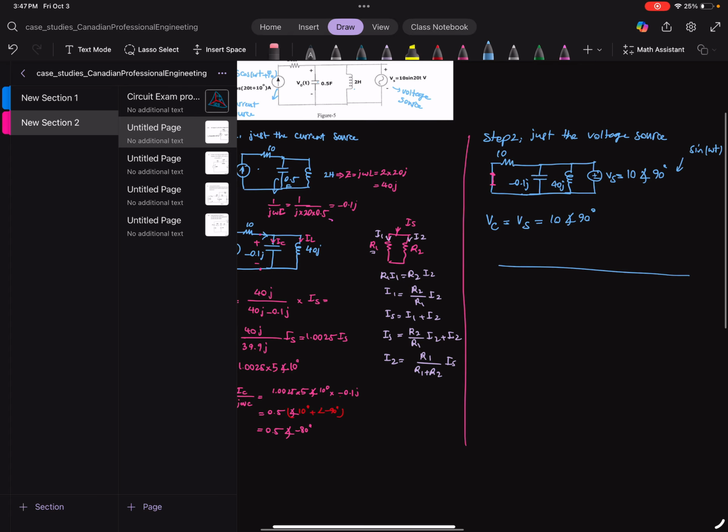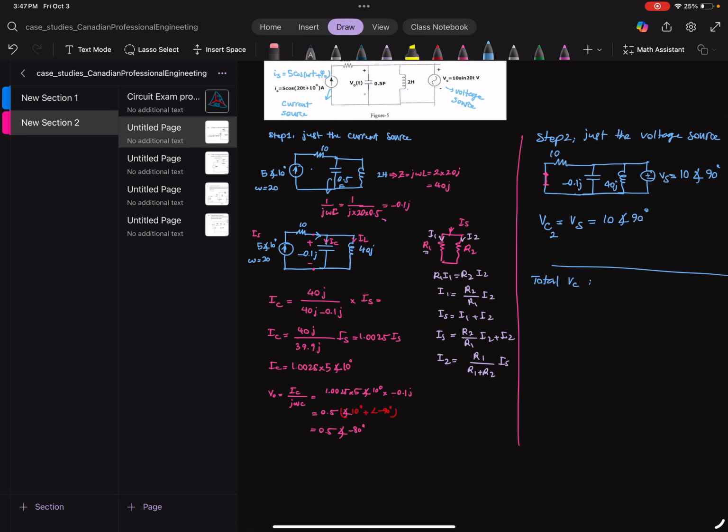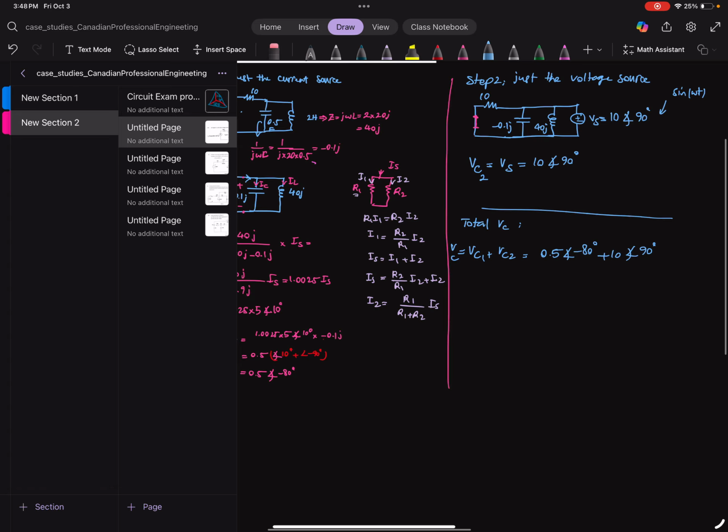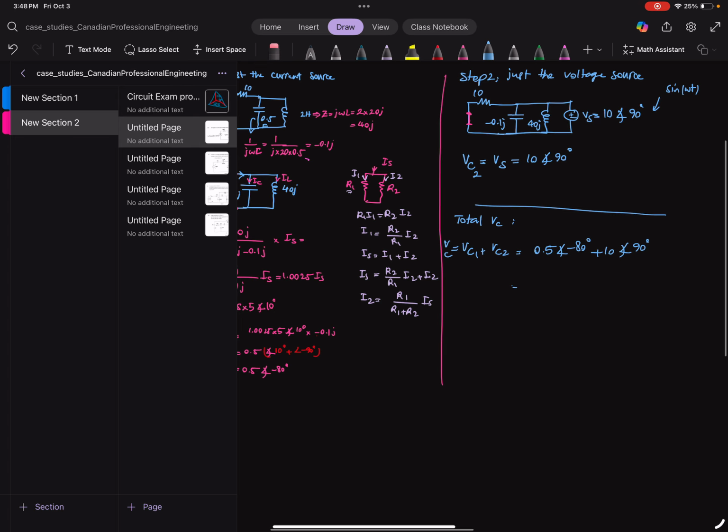So the total Vc, let's call this Vc2, and this is Vc1. So it's going to be Vc1 plus Vc2, which is going to be 0.5 at minus 80 degrees plus 10 at 90 degrees. How do you solve this? Again, you can convert them to real and imaginary parts.